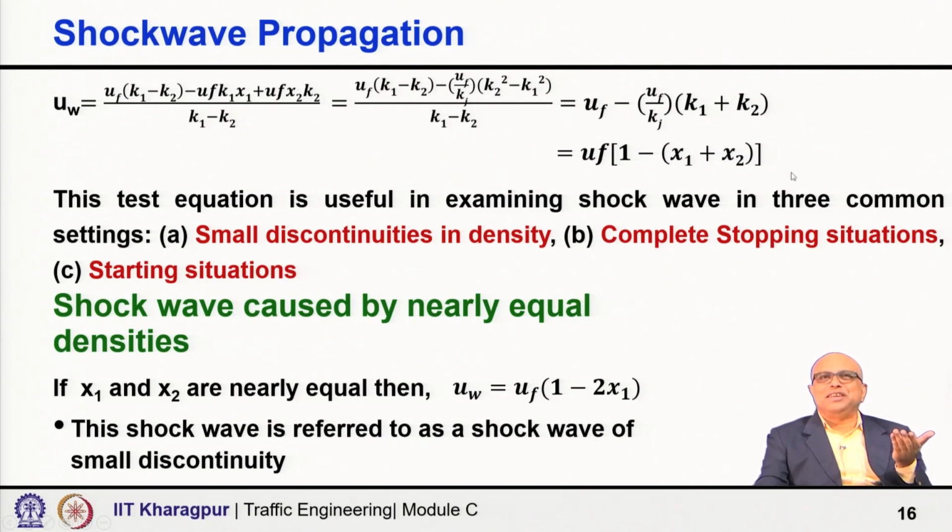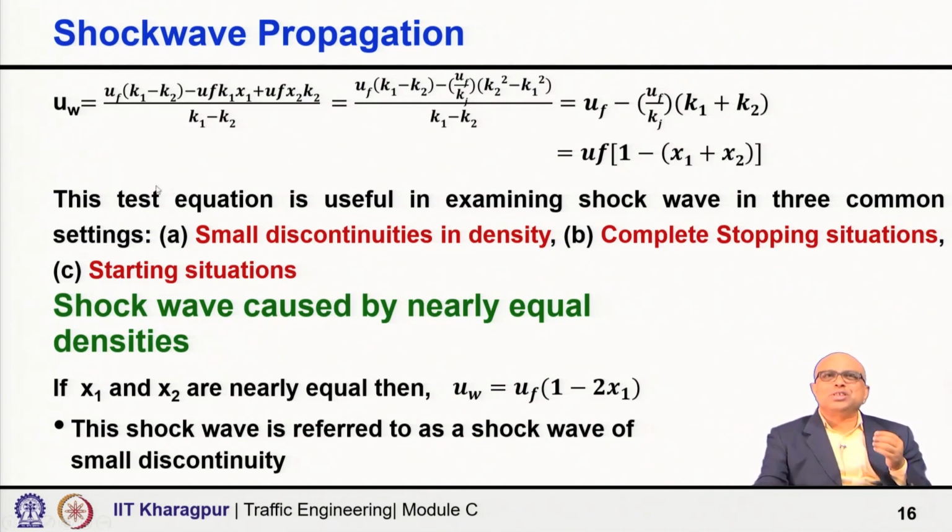Eventually, what we get is Uf into 1 minus (x1 plus x2) in the bracket. This form you will get. That way also we can calculate the speed of the shock wave formed by two different traffic states.